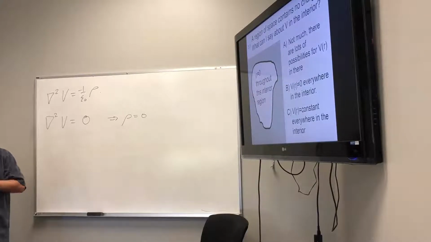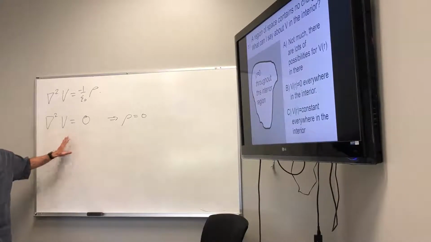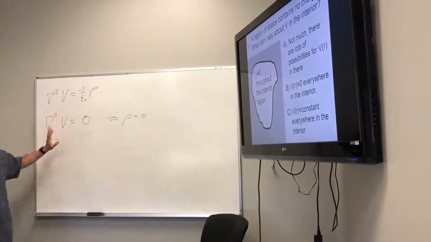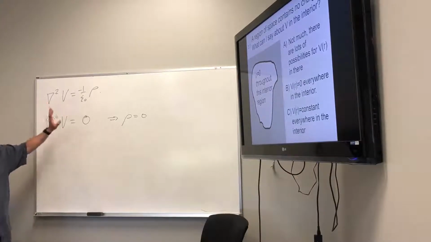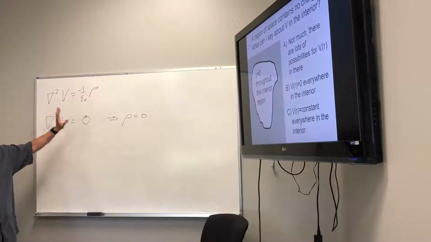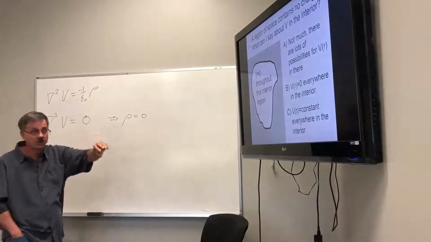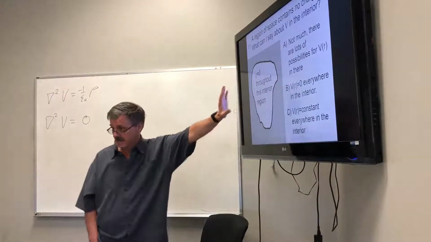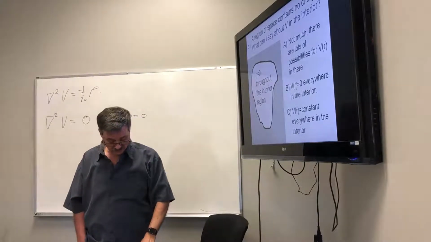And what this teaches us is that in order to solve this equation, we have to know the boundary conditions. It's all based on the boundary conditions. Once we know the boundary conditions, I should be able to solve what's inside.